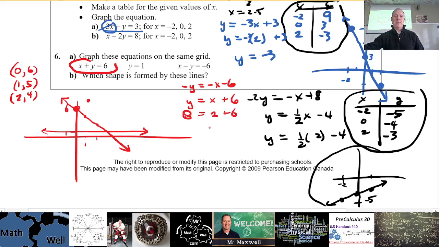Oh, let's do some negative numbers. So negative 4, let's say. Negative 4 plus 6 is positive 2. So negative 4, positive 2. Okay, so I've got 3 points there. I connect those. Yours is going to look better than mine. So it looks like these are all joining somewhere around here, here, and here. So what shape is that that's made? Triangle. Yeah, it's a triangle right here. Okay, triangle. So that's what that should look like, okay?